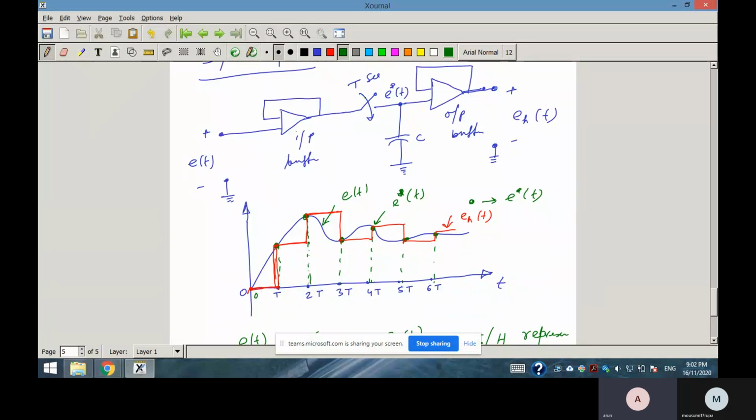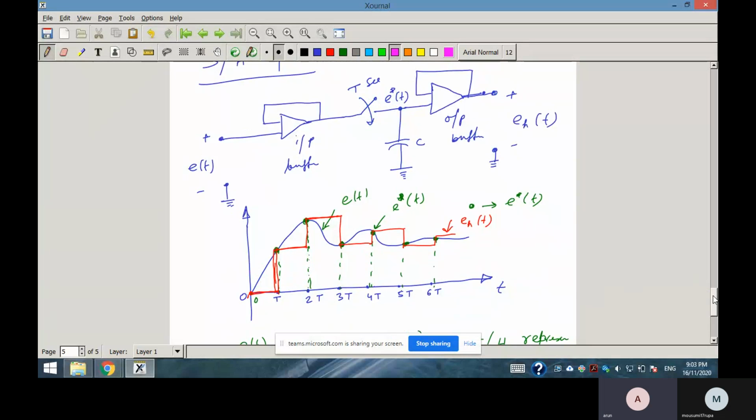The switch closes at every T interval. Just at t equal to 0, it will close, and then it will open. Okay, just one pulse. So this is your switch. I should represent this switch. Suppose this is your pulse switch.